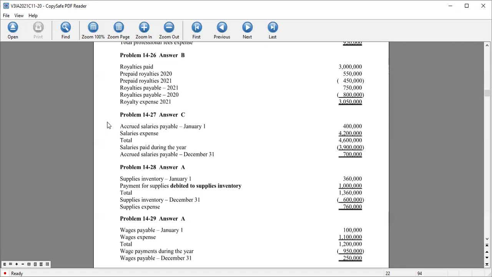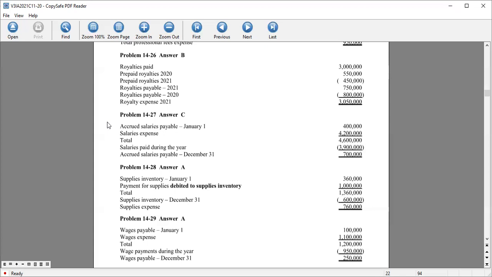From the total of 1,360,000, you deduct supplies inventory end, and you have the difference as supplies expense of 760,000. So the entry is debit supplies expense and credit supplies inventory in the amount of 760,000. That's now your journal entry.